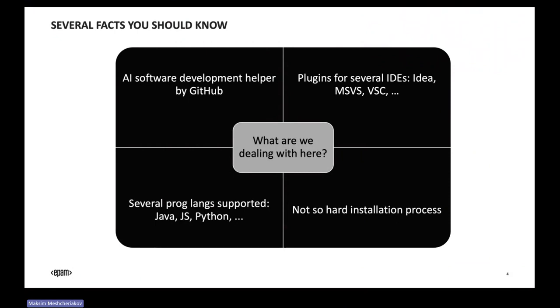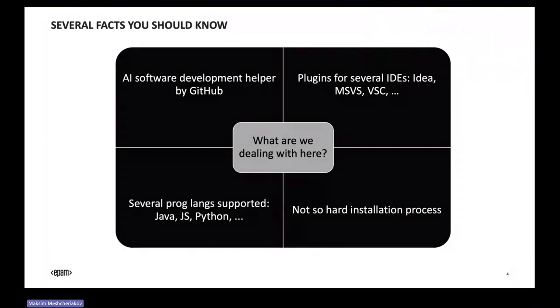It is shipped as a set of plugins for different integrated development environments. So it exists for IntelliJ IDEA, Microsoft Visual Studio, Visual Studio Code, and some others. Also, it supports several very popular programming languages like Java, JavaScript, Python, C#, and some others.